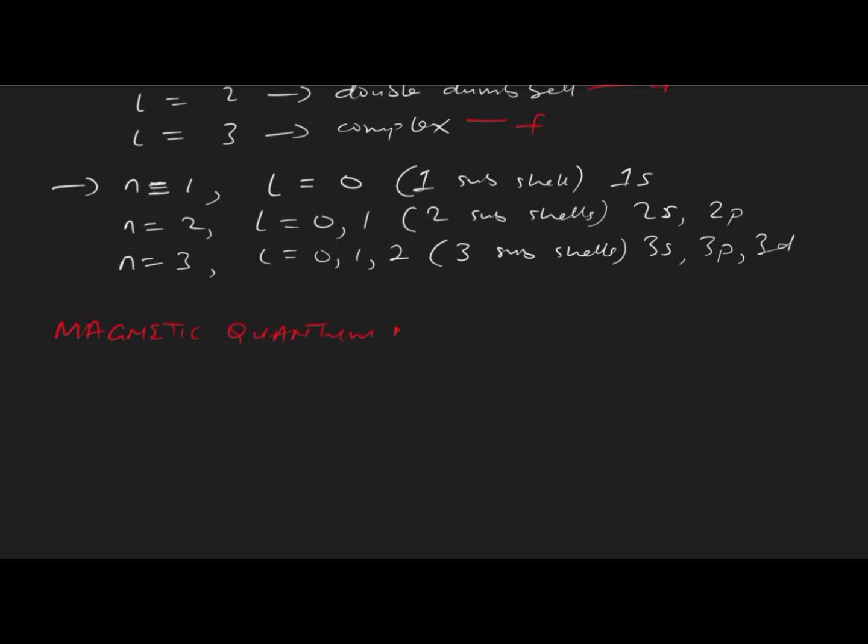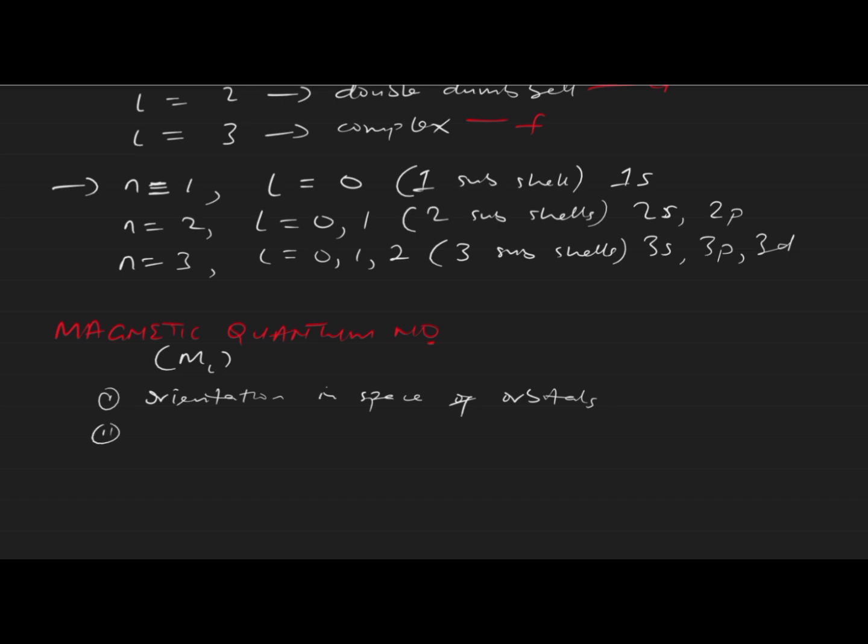So the magnetic quantum number, which is usually denoted by m subscript l, also helps us to determine certain characteristics or states of electrons. Number one, it helps us to determine the orientation in space of orbitals.